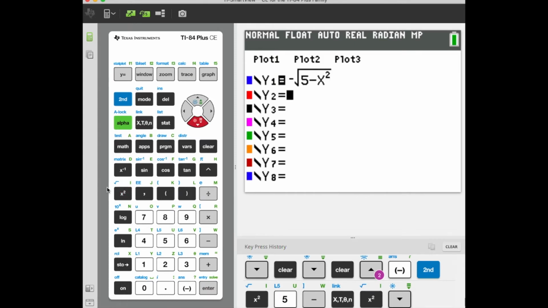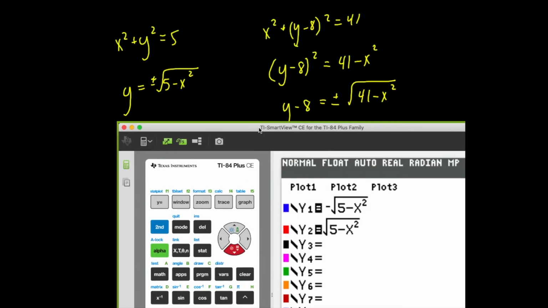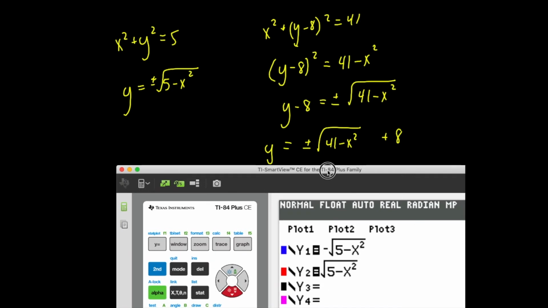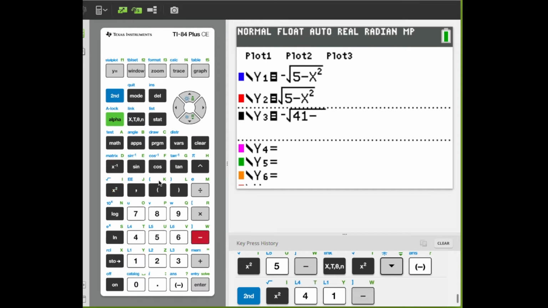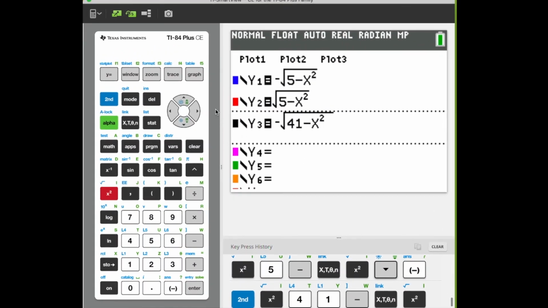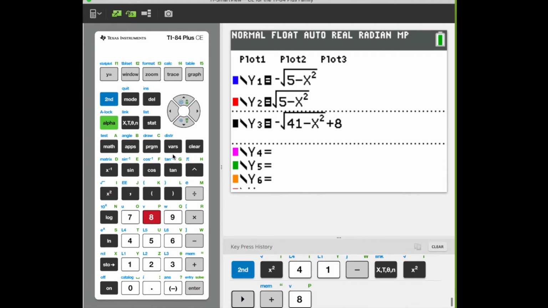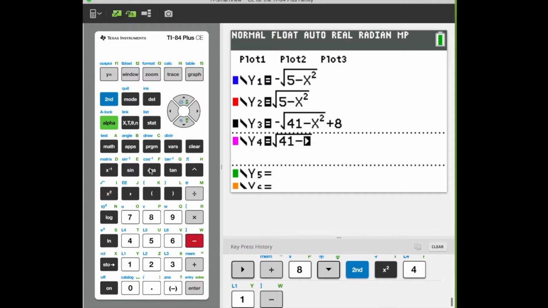Then this other one, which is a little uglier: the opposite of the square root of 41 minus x squared, where 41 minus x squared is under the square root, and then plus 8 outside the square root. And then the positive version, the square root of 41 minus x squared, plus 8.